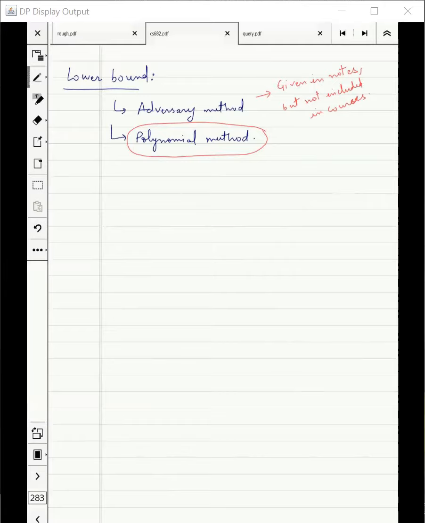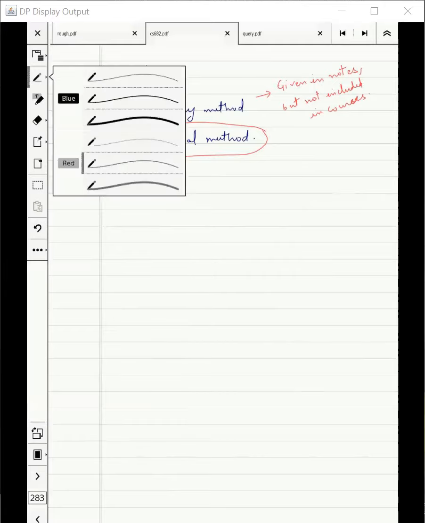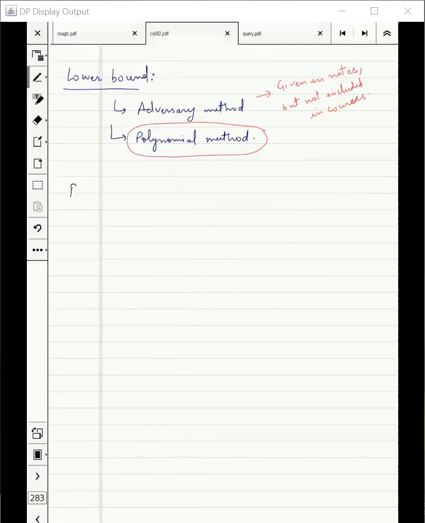Today, we are going to talk about it. It is quite clear what we want to do.